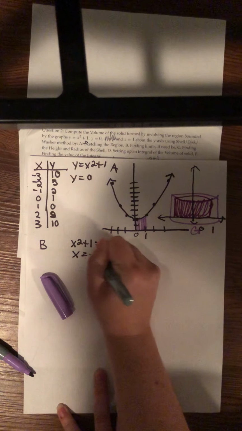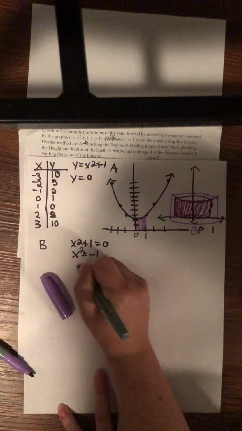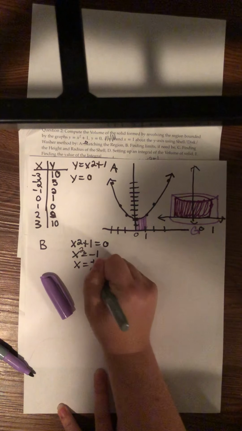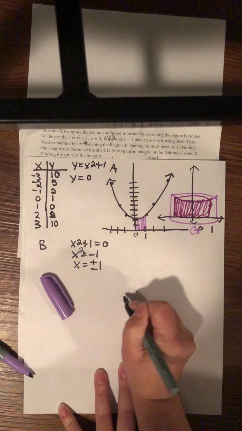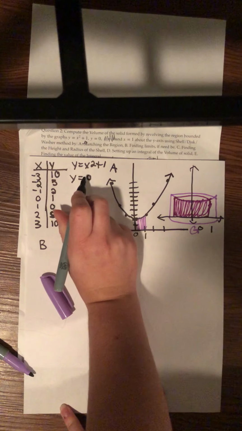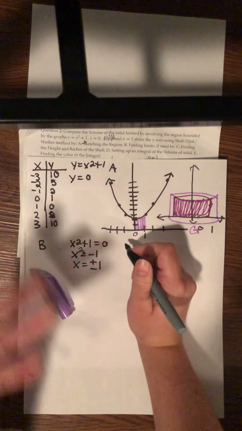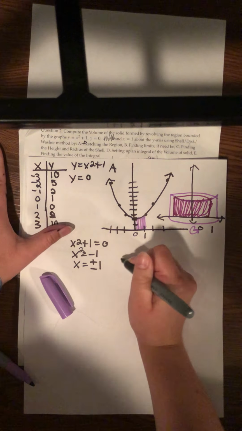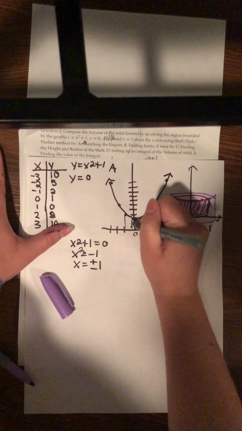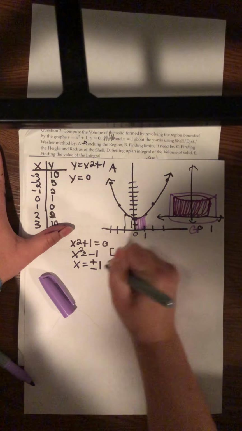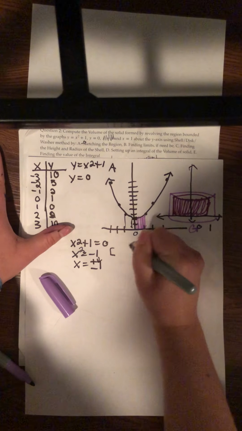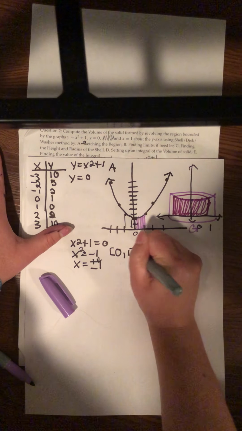So x squared equals -1, which means that x will equal plus minus 1. However, it is bounded by y equals 0, so we know that we're not using -1 because we're not going over here, like I had said earlier. So our bounds will be the positive 1 and 0. These are our bounds.